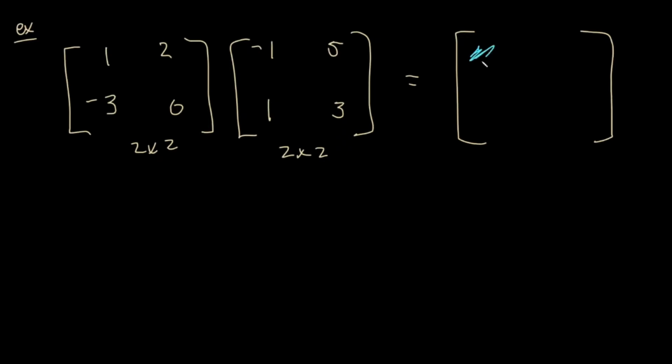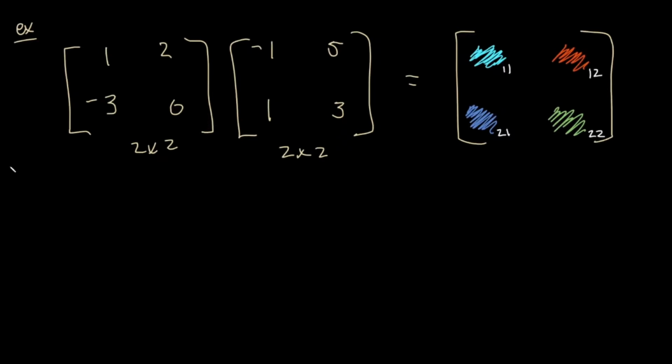We're going to have this cyan one, a red one, a blue one, and a green one. Let me go ahead and index these elements. So this is row 1, column 1, row 1, column 2, row 2, column 1, and row 2, column 2.